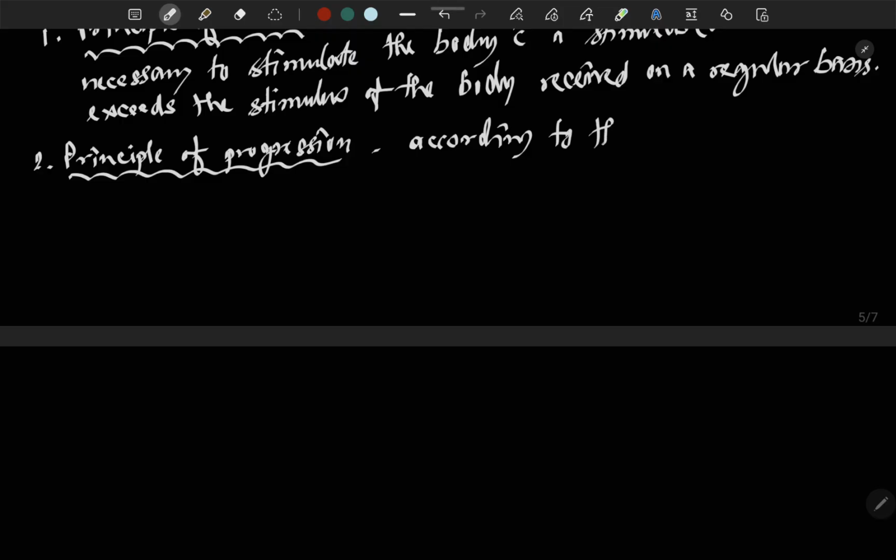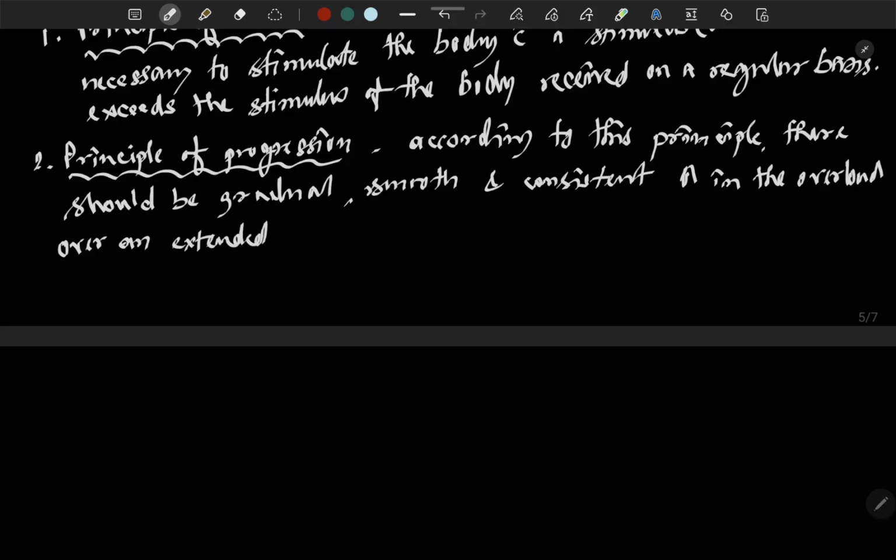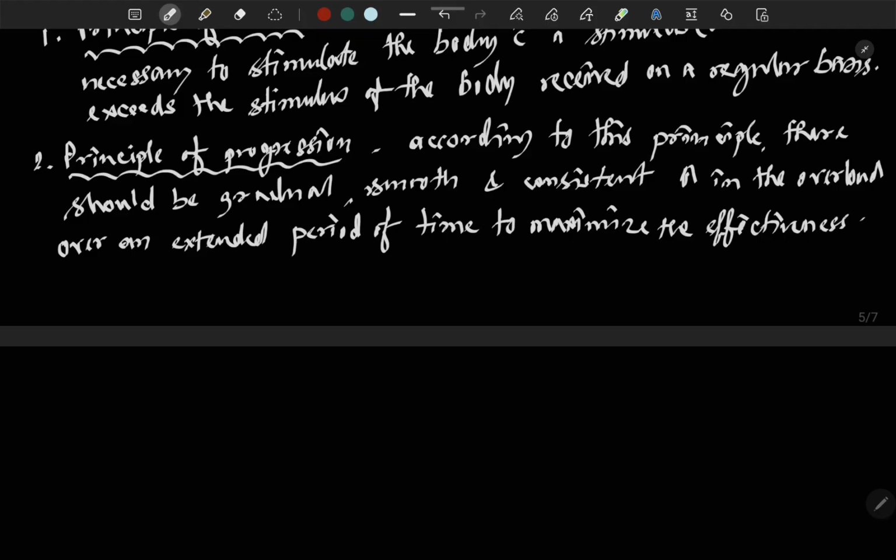According to this principle, there should be a gradual, smooth, and consistent increase in the overload over an extended period of time to maximize the effectiveness. So this is the principle of progression.